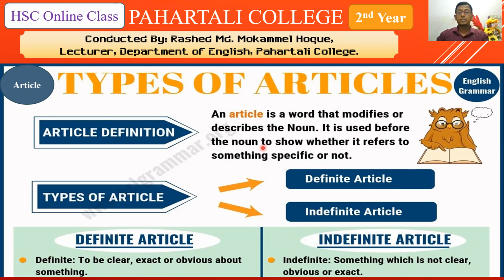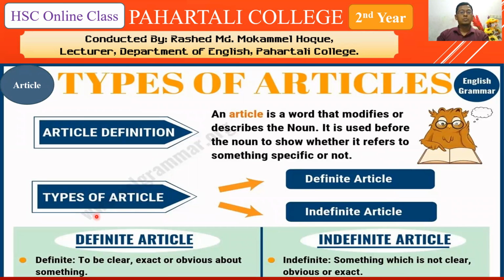Remember, if you want to put an article, you need a noun. In some cases, an article is placed before an adjective, but when an article is before an adjective, there will be a noun soon after the adjective. So the article is the determiner of a noun.